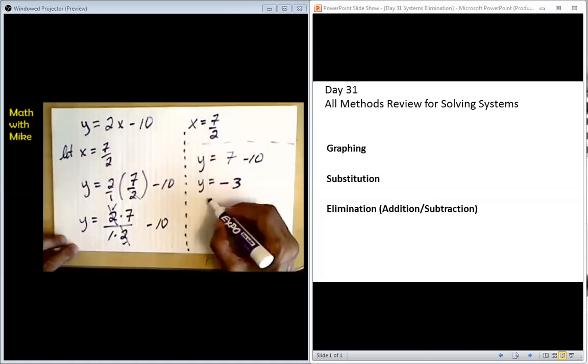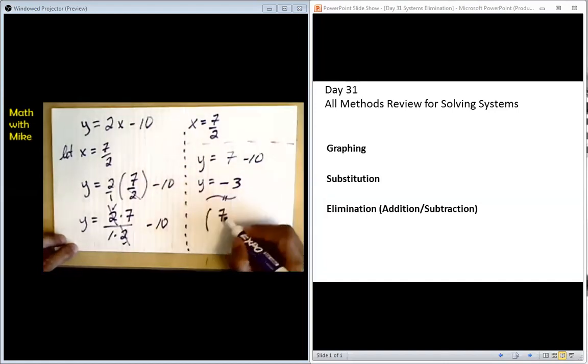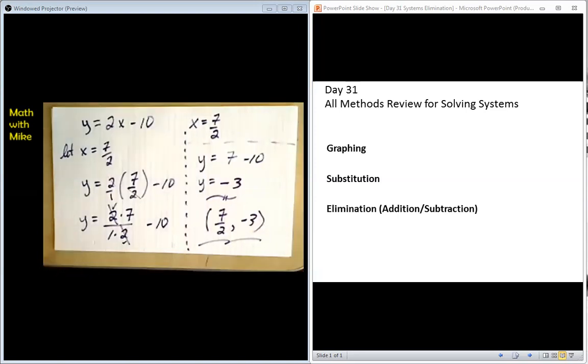So that means our final answer is going to look like 7 over 2 and minus 3. If you were to graph these lines, that's where they would cross one another.